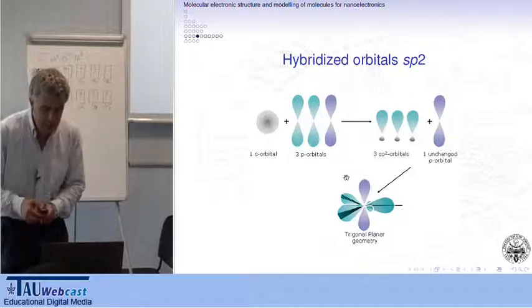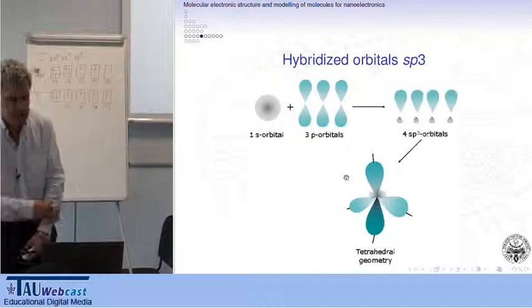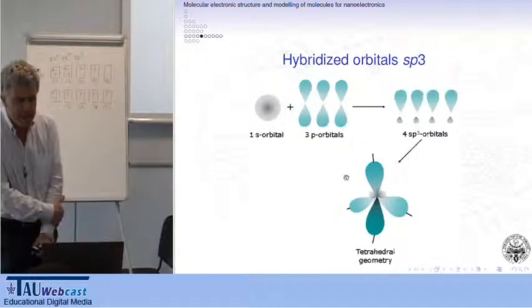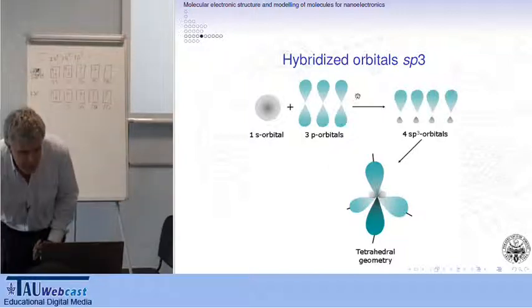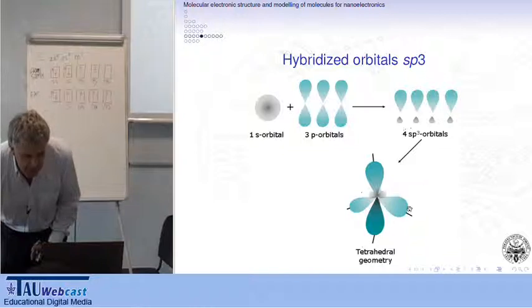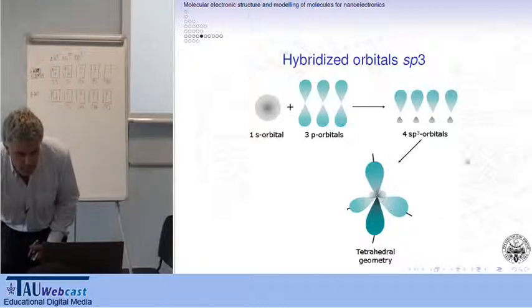The last one is the sp3 orbital. In this case, the 2s and the three 2p orbitals interact and form 4 sp3 orbitals, and the structure will be tetrahedral. So we have 4 lobes arranged in this way.